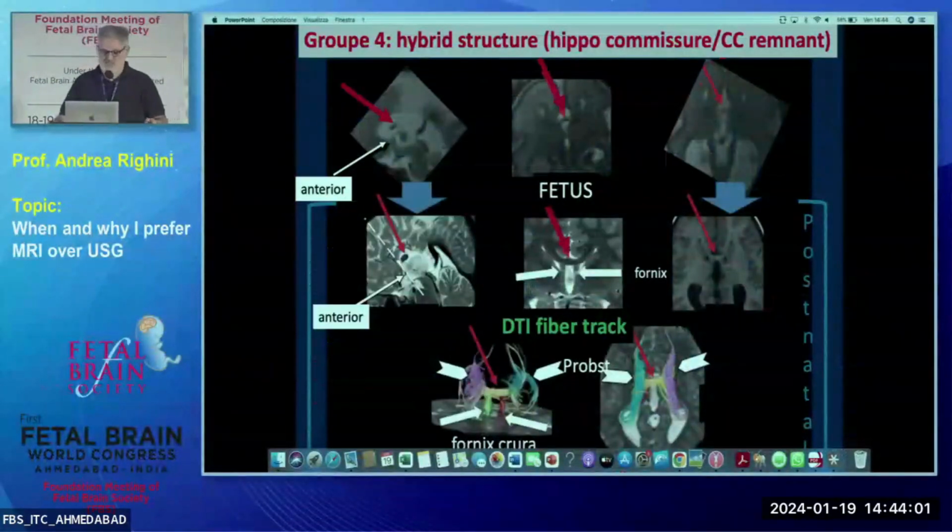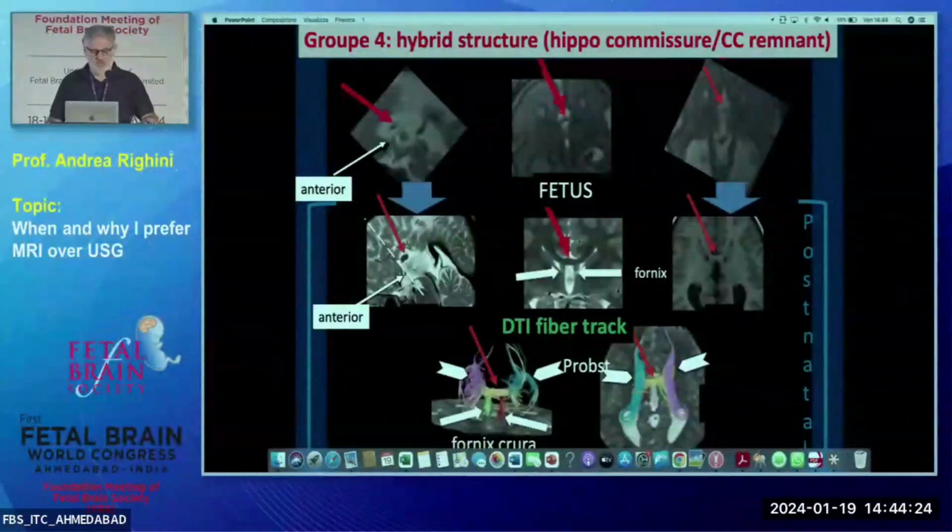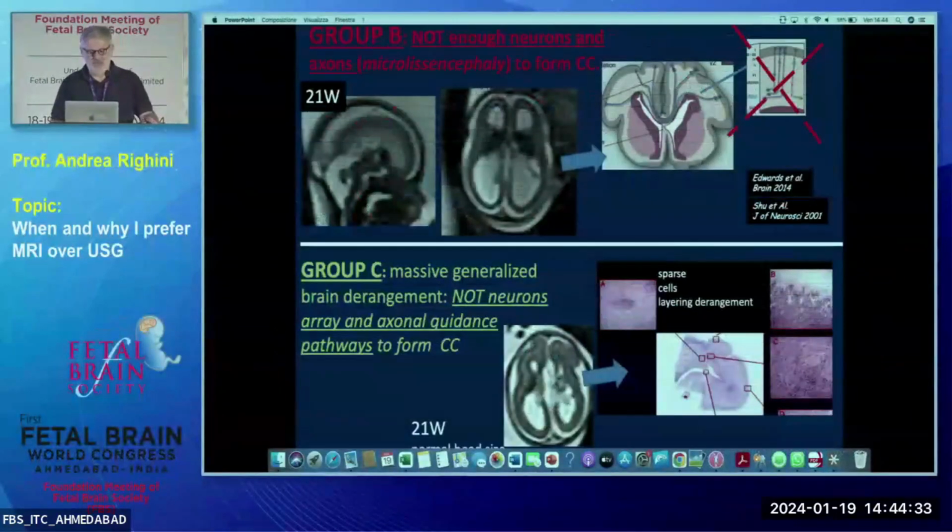We see there is a sort of dot in the middle, and when we do a postnatal DTI, you have fibers, posted in yellow, that go where the corpus callosum should go, and the others are connected in some way with the fornix, a sort of hybrid structure. This accounts for probably about 10 to 20% of the so-called complete agenesis, but in this case you cannot really say that it's 100% complete.